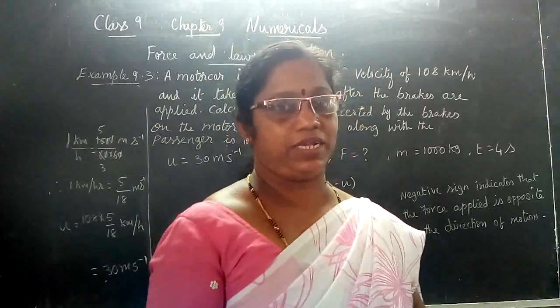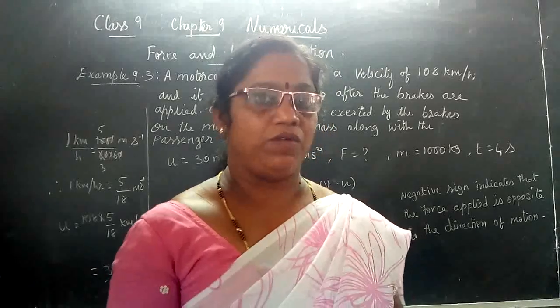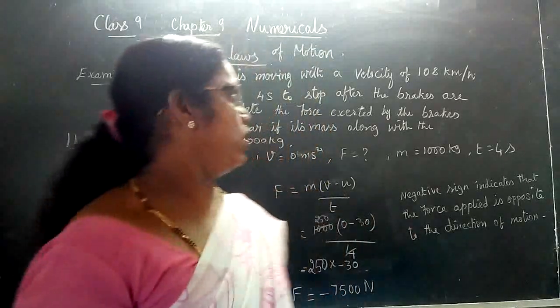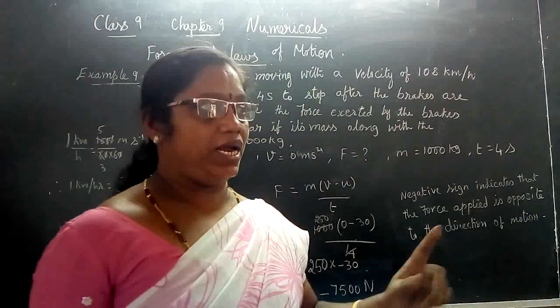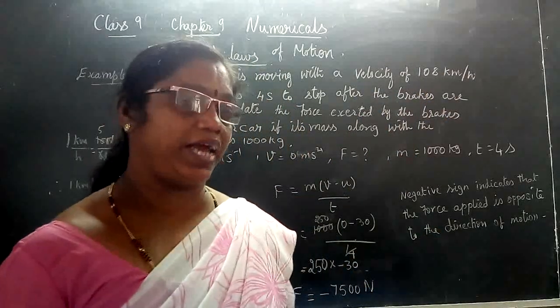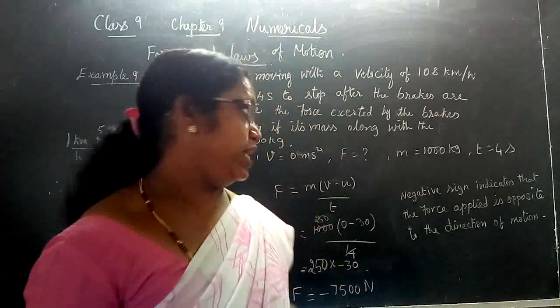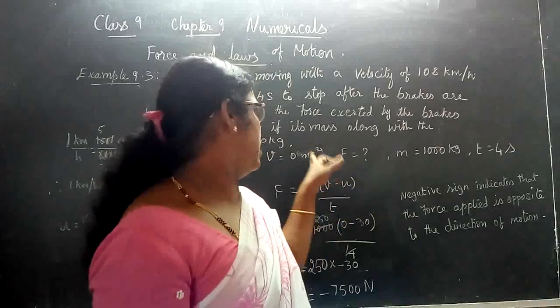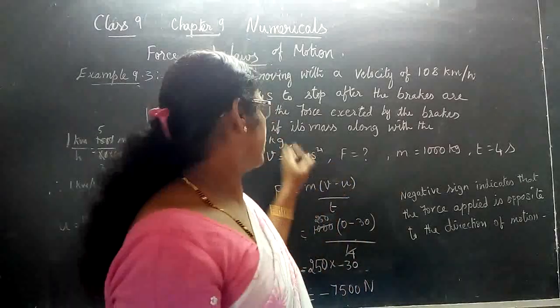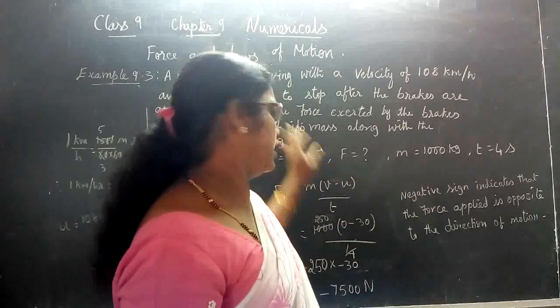The question is, a motor car which is moving with a velocity of 108 km per hour. For 1 hour it is moving a distance of 108 km. But the SI unit we use here is meter per second.